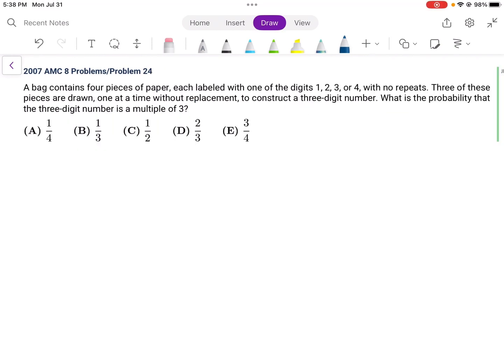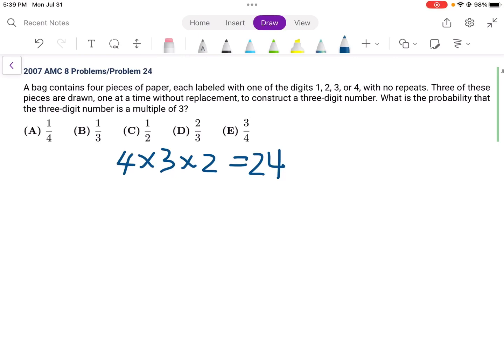Problem 24. To choose 3 numbers from the 4 digits to construct a 3-digit number, the total number of choices will be 4 multiplied by 3 multiplied by 2, and that is 24. Now let's consider that the 3-digit number must be divisible by 3.